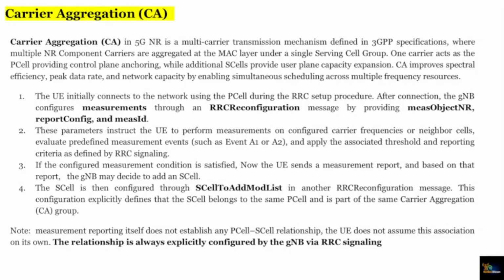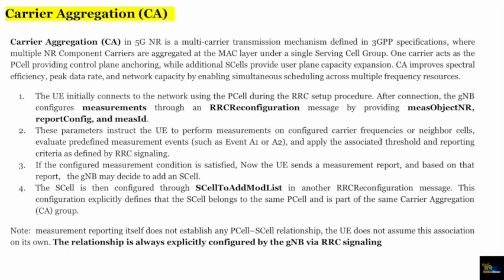One carrier acts as a P-cell, providing control plane anchoring, while additional S-cells provide user plane capacity expansion. CA improves spectral efficiency, peak data rate, and network capacity by enabling simultaneous scheduling across multiple frequency resources.